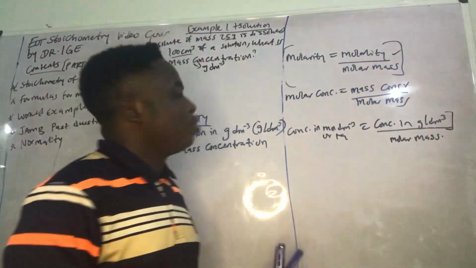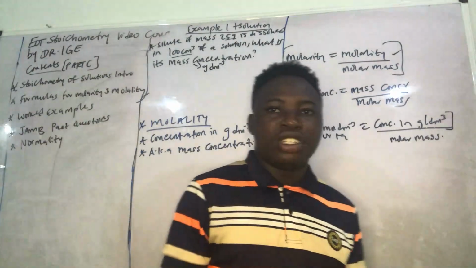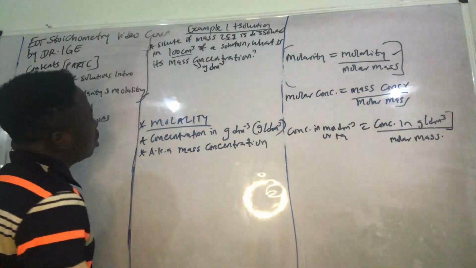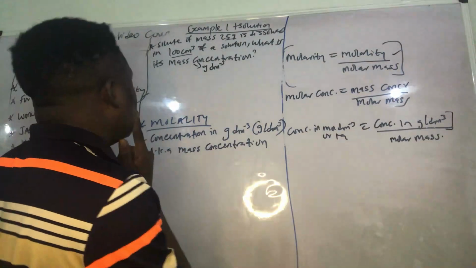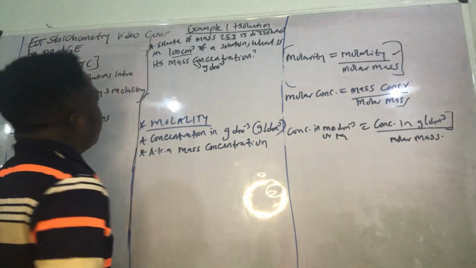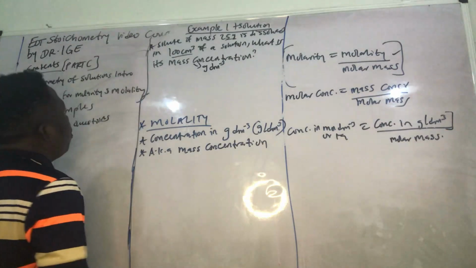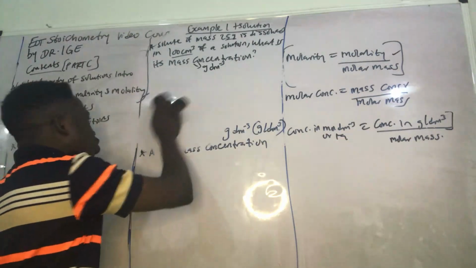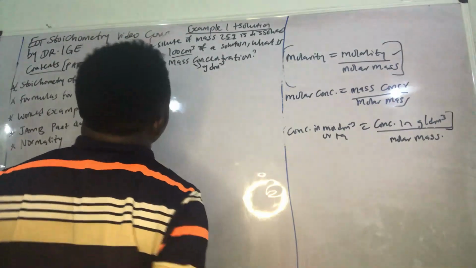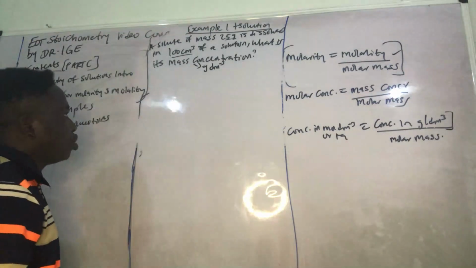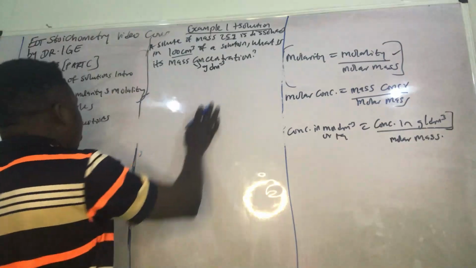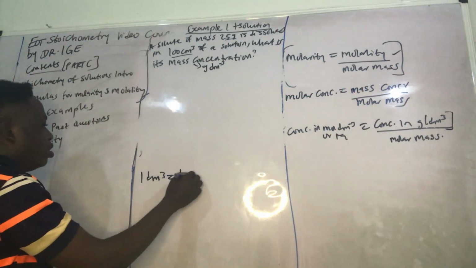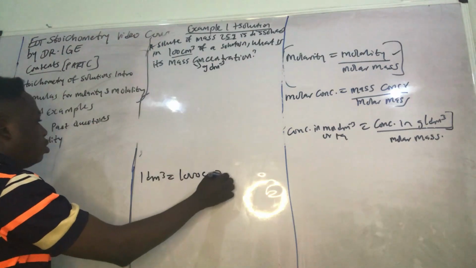Alright, so first of all, to convert from cm3 to dm3, divide by 1000. That is something you should know. Let's go back to the question. A solid of mass is dissolved in this. What is the mass concentration? Now all you have to do is compare. Please take note that 1 dm3 is equal to 1000 cm3.